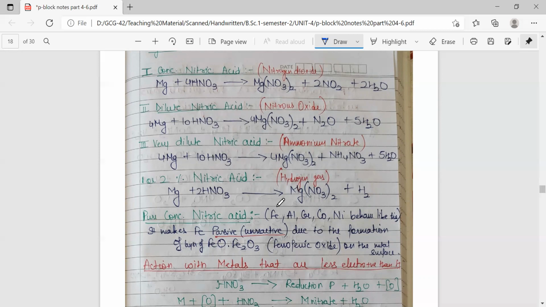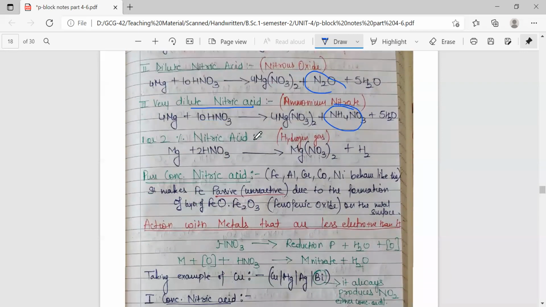With dilute nitric acid, we get nitrous oxide and magnesium nitrate. With very dilute nitric acid, we get ammonium nitrate. With 1 or 2% nitric acid, we get the release of hydrogen gas.